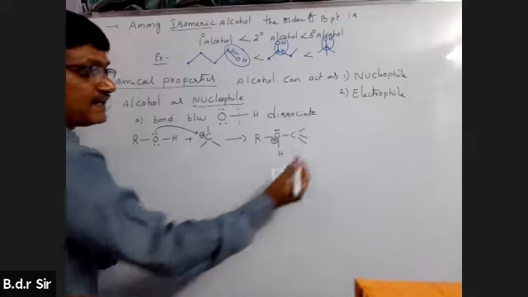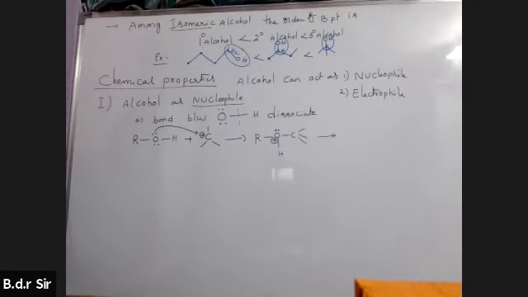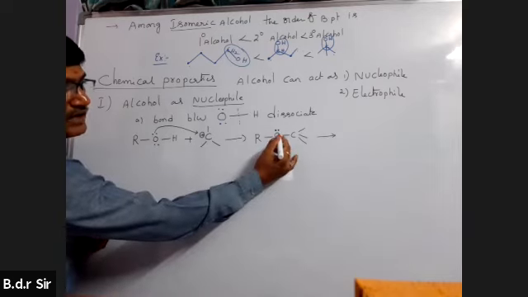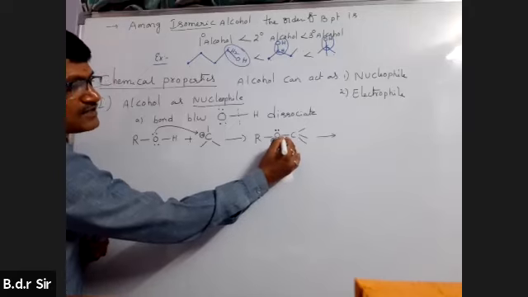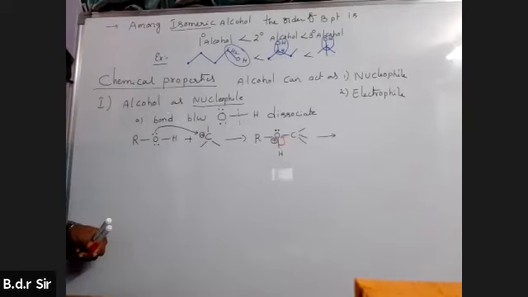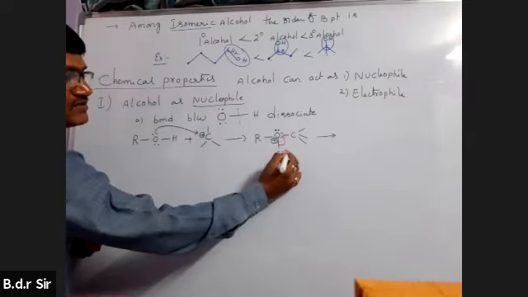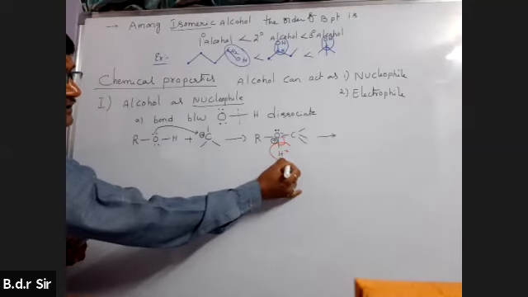Next one, important. Due to the highest electronegativity of oxygen, the sigma bond electrons shift toward the oxygen. It creates a negative charge, and it creates a positive charge. Which bond is breaking?